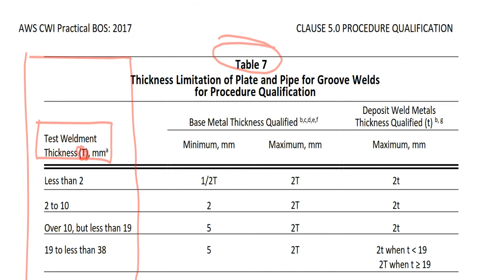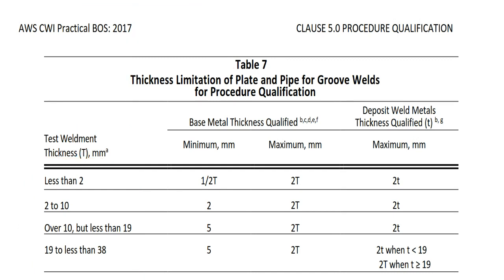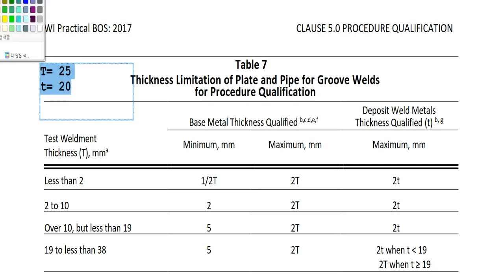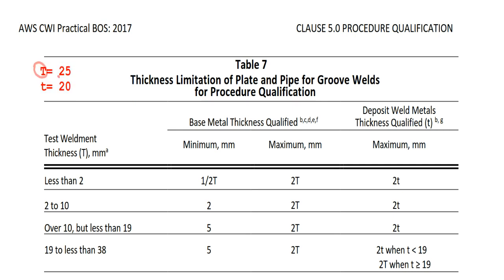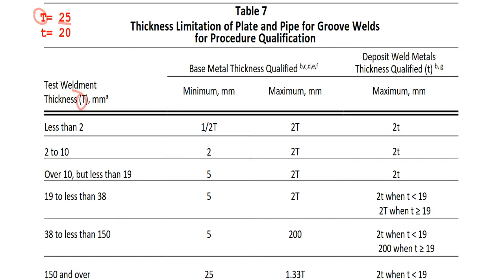Then go to table 7. Same thing applies here. Capital T is 25 millimeter and lowercase t is 20 millimeter. Then capital T is 25 millimeter, which belongs here, line number 4, 19 to 38.